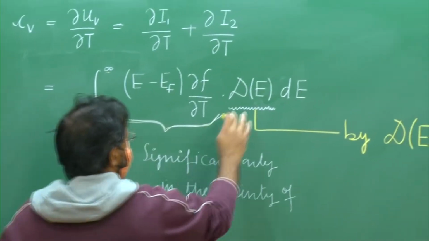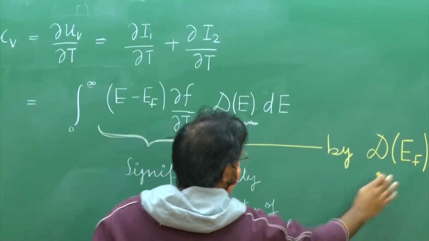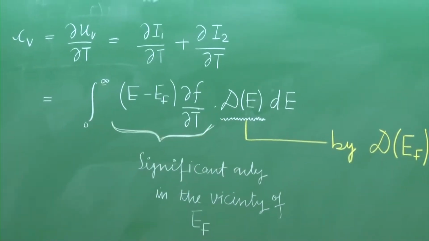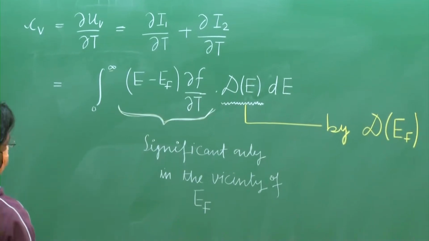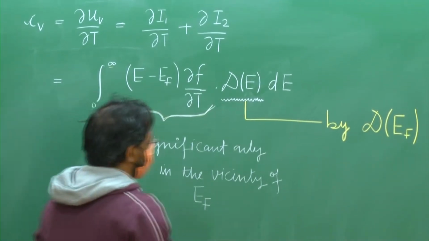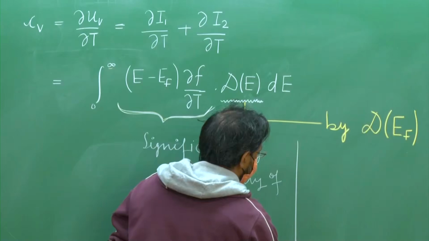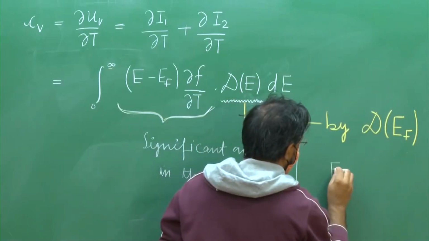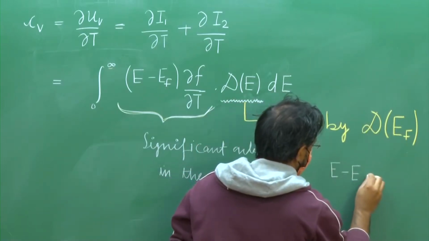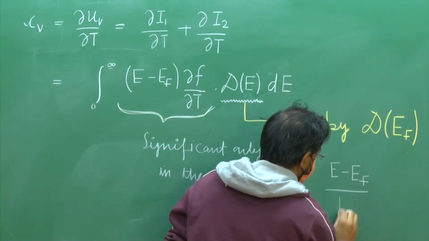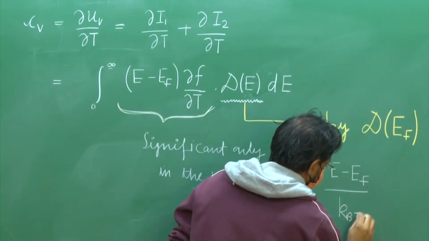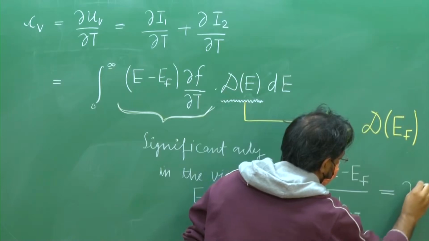So, you replace density of states by density of states at EF, and along with that you also make a substitution. You take E minus EF by KBT, and let us assume this to be x.